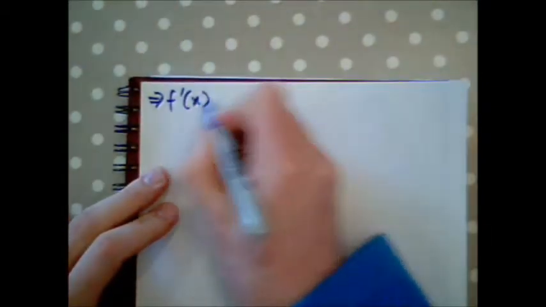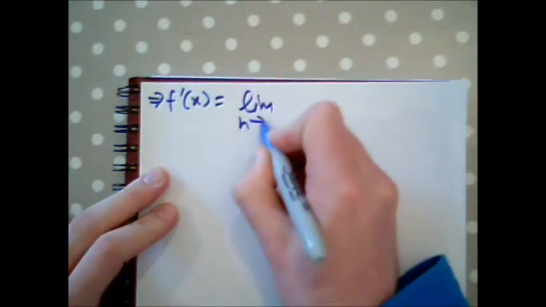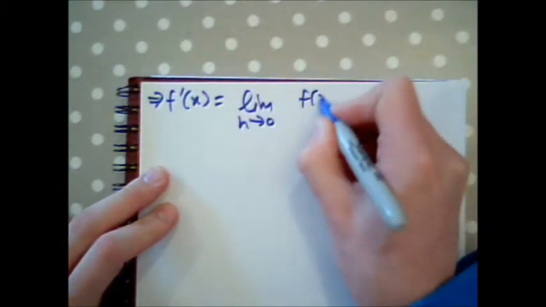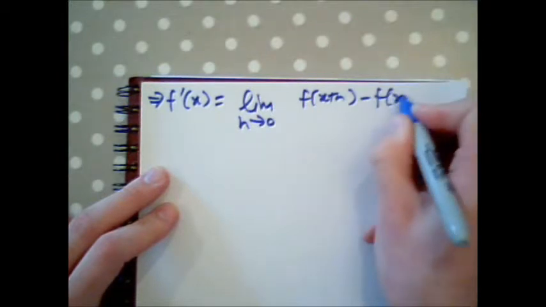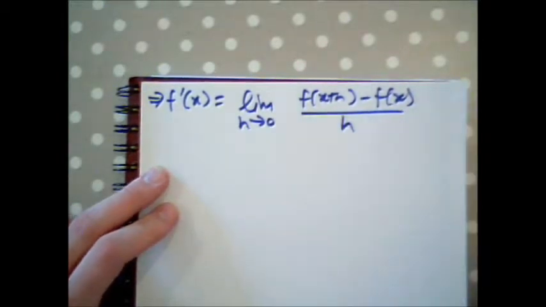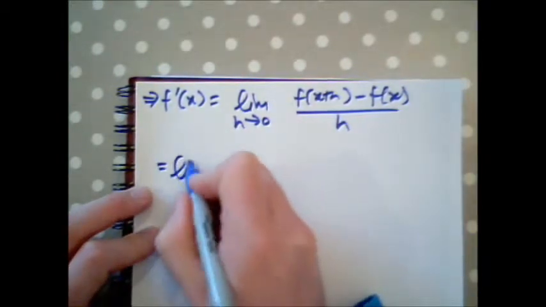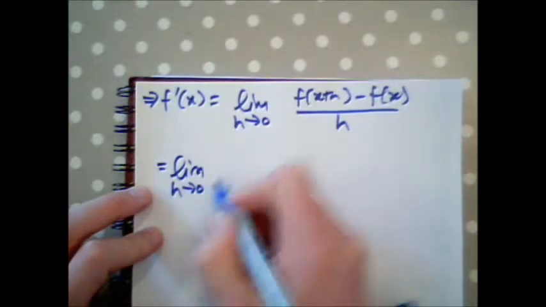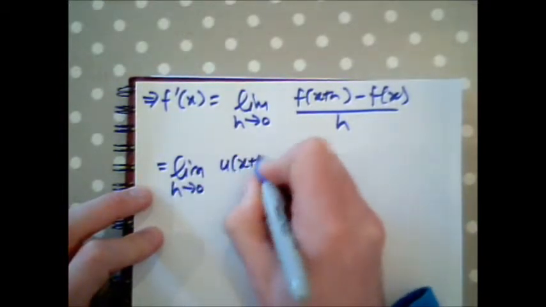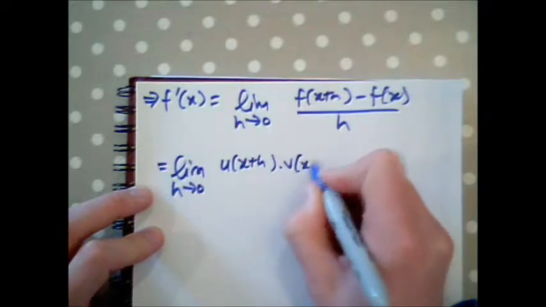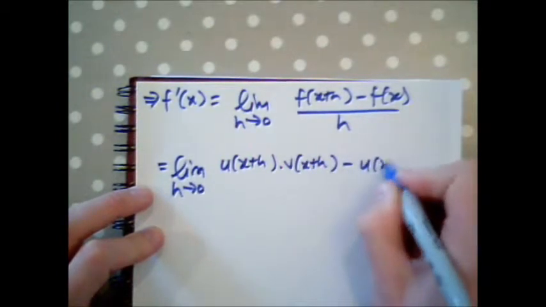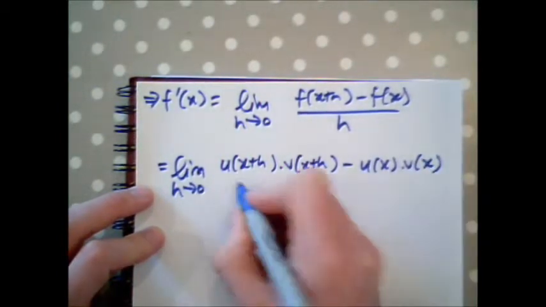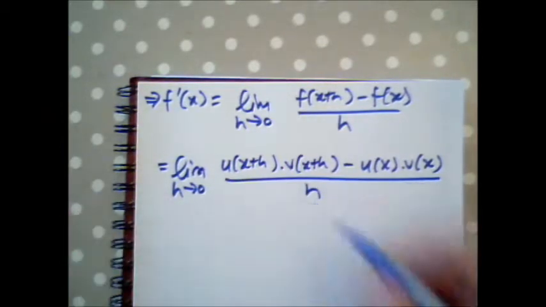So f dash x is the limit as h goes to 0 of f of x plus h minus f of x all over h. So that's equal to the limit as h goes to 0 of u of x plus h times v of x plus h minus u of x times v of x, all over h.